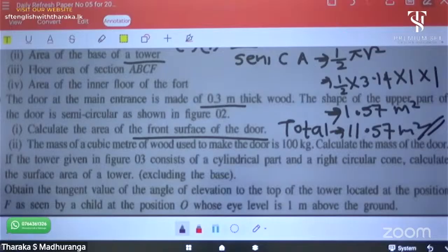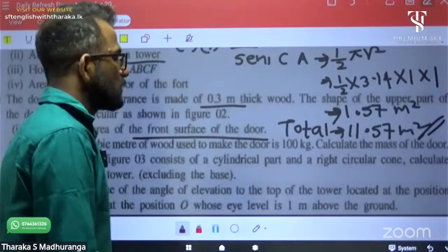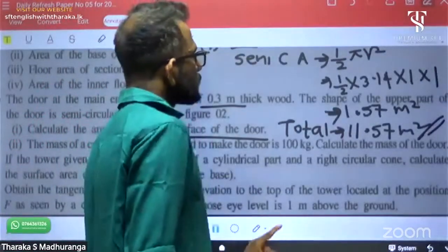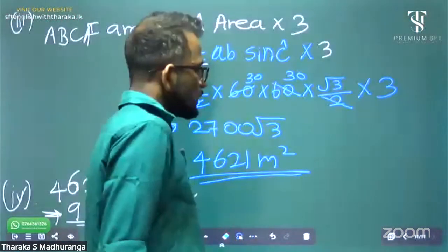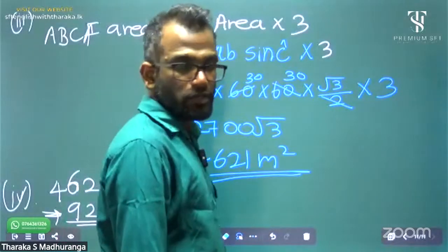Okay, part B, part 2. The mass of a cubic meter of wood used to make the door is 100 kilogram. Calculate the mass of the door. It's a very good question.